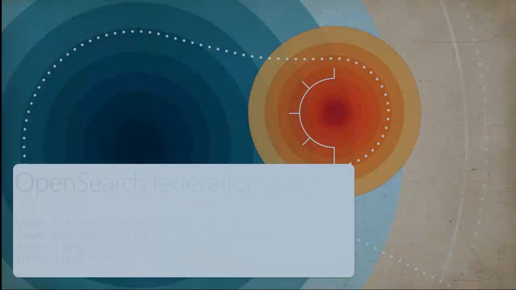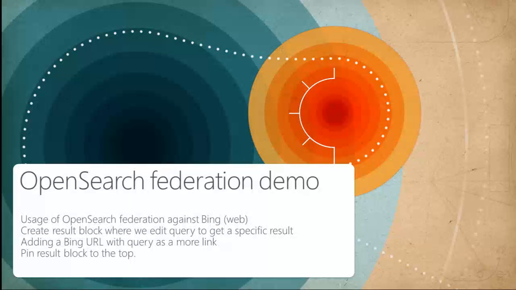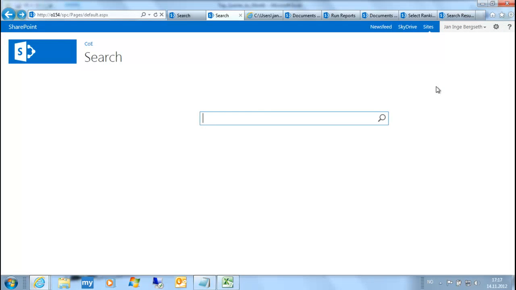Jon Inge, can you show us something for an open search provider? I will. Thank you, Victor. So now let's start using some of the cool stuff that Victor is talking about. In this demo, I'll create a result source using the open search protocol against Bing, and then create a result block. Okay, so let's start by creating the result source.